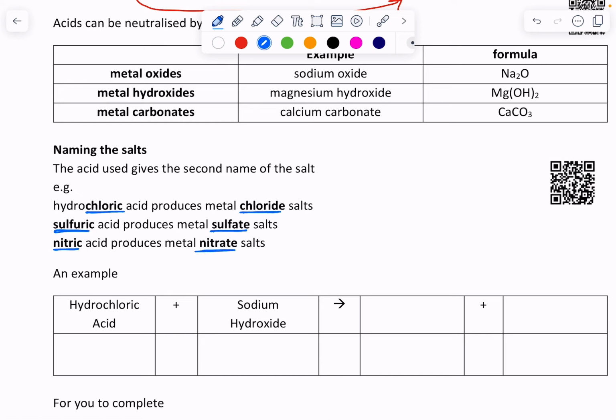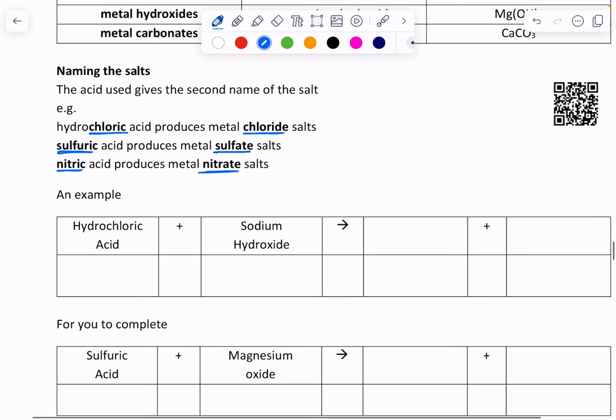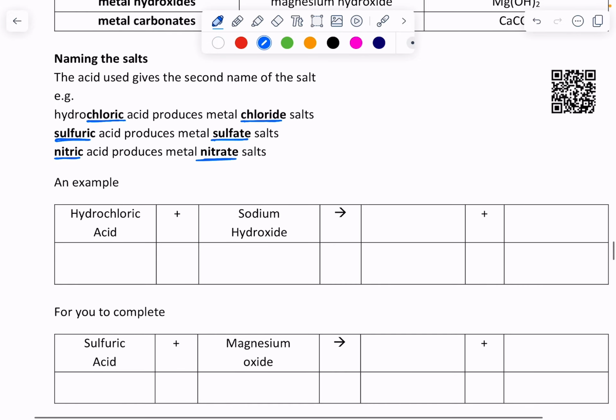Okay, so let's have a go at an example, and then you can try one of these yourself. So my acid is hydrochloric acid, which, if you remember from earlier on, is HCl. And we're adding this to sodium hydroxide. Again, we did this formula earlier, so it's NaOH. So if I just remind myself, this is obviously the acid because it's hydrochloric acid.